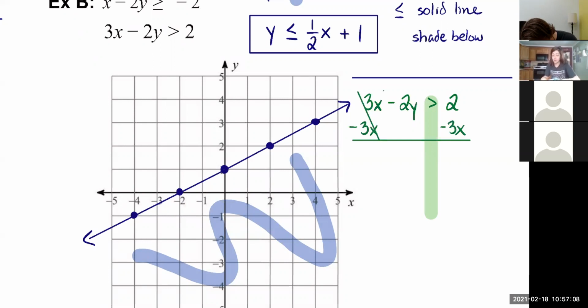That removes it from the left-hand side, leaving me with a negative 2y is greater than negative 3x plus 2. Then I'm going to go through and divide everything by negative 2.